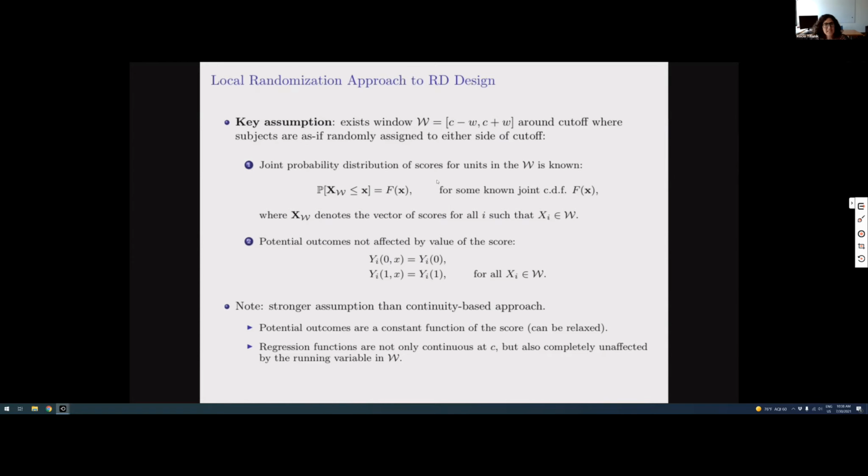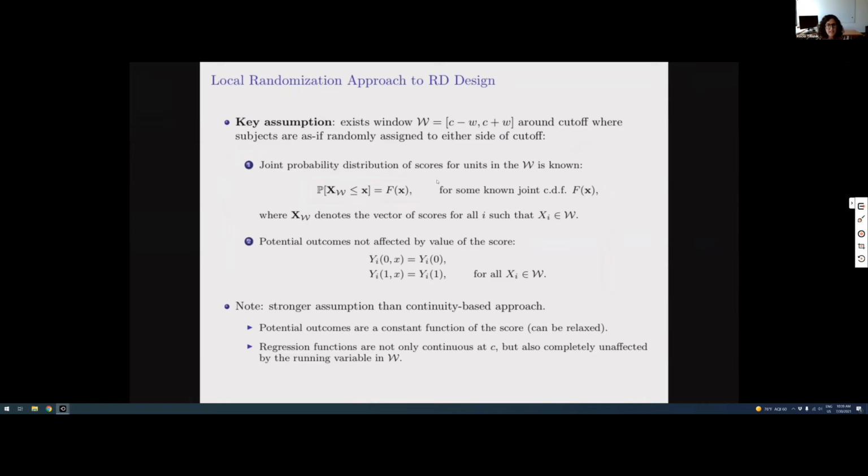How to formalize that actually requires a little bit of work. So we're going to split that assumption into two. The first is that the joint probability distribution of the scores for units inside the window is going to be known. That's what would happen in a randomized control trial if you assign the value of the score randomly.